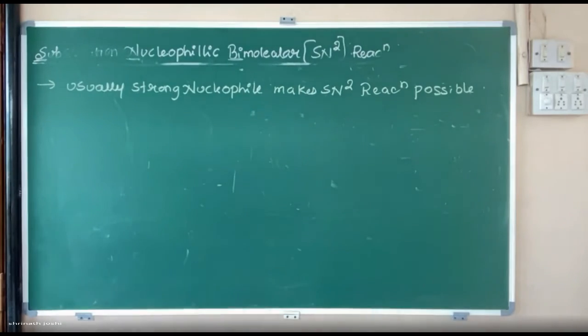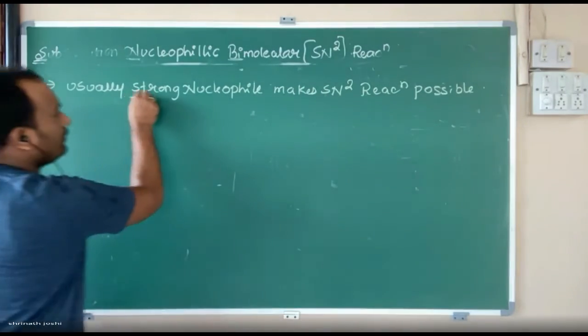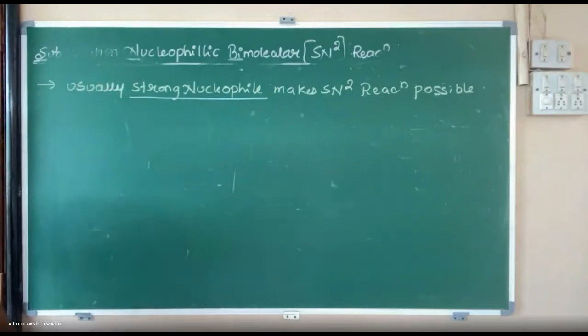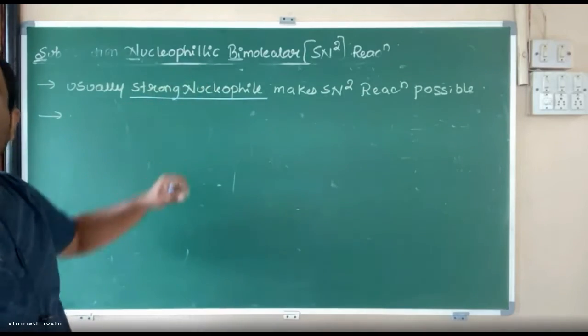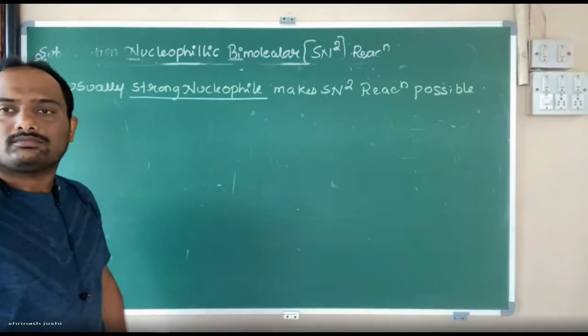Only the strong nucleophile will make SN2 possible. Any difficulty, students, with that point written on the board? Only the strongest one will react here. Weak will never react, because for us concentration is required, no?